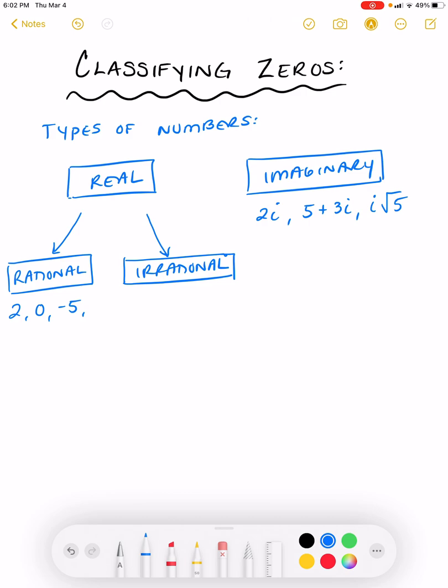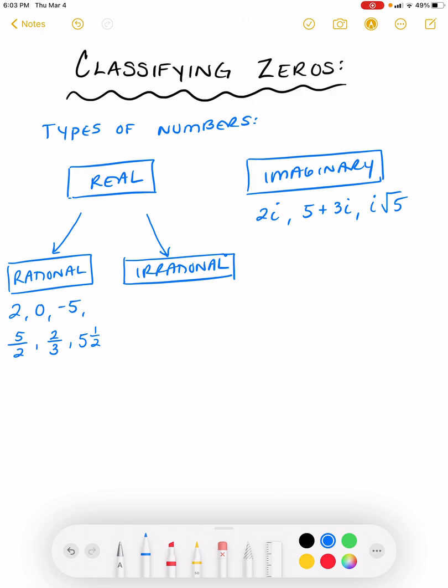The definition of a rational number is any number that can be expressed as a fraction with a whole number in the numerator and a whole number in the denominator. Even fractions like 2/3, which go on forever as decimals, are still rational. It could even be a mixed number like 5 and 1/2. All of these are rational numbers.